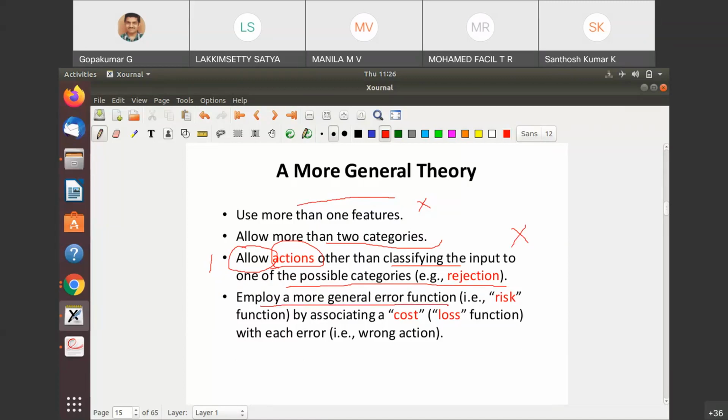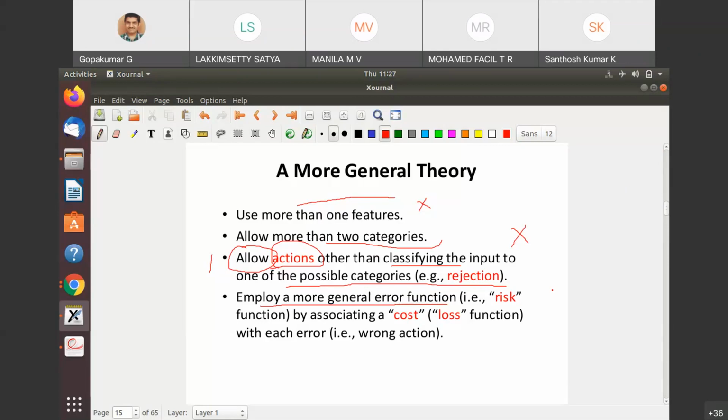But we can always define better, more general error functions that take care of the different actions that we take. So far we have seen either classifying W1 or W2, and a wrong classification costs equally, but there can be situations where one particular wrong classification costs more compared to the other case.